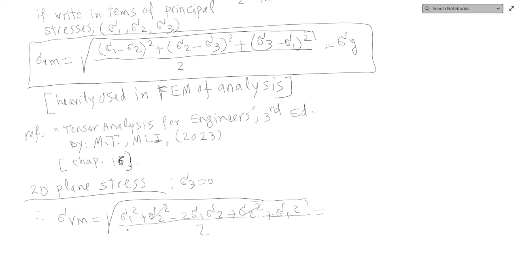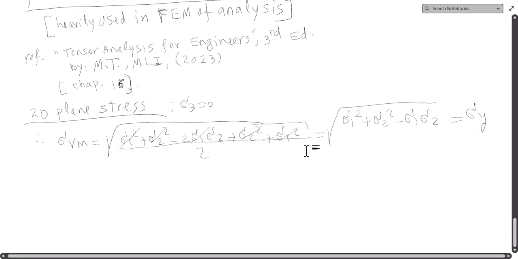We have 2 sigma 2, 2 sigma 1, and 2, so this cancels with 2. So I will get sigma 1 square plus sigma 2 square minus sigma 1 sigma 2. This should be sigma y.